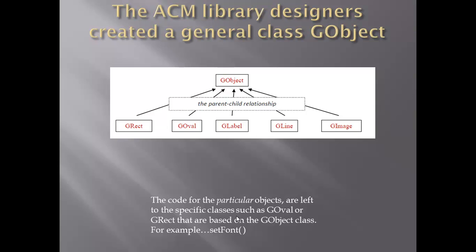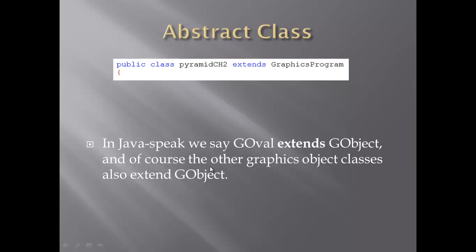Maybe some of the larger items that are shared among all the states are set at the federal level, which would be our GObject, and then these various ones can implement their own laws or their own methods. Such as in the GRectangle, we wouldn't use the setFont method. That's only going to be used with the GLabel. So some are specific only to the various classes and others to the superclass.